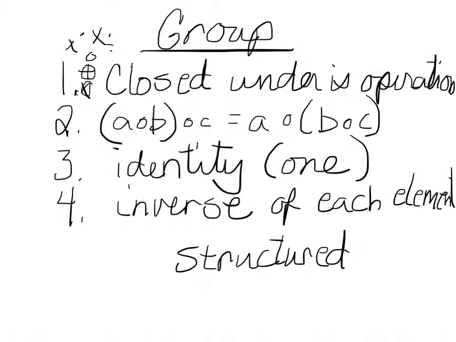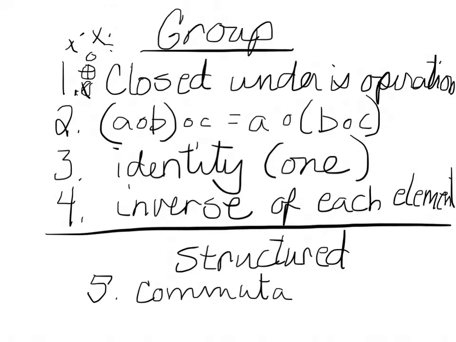Now, if it has a 5th property, which is the commutative property, already we've decided it's a group with those 4, but if the commutative property works as well, then we say it is a commutative group. And so therefore there must be non-commutative groups. And so your goal on these examples is to show that a mathematical system actually creates a group.